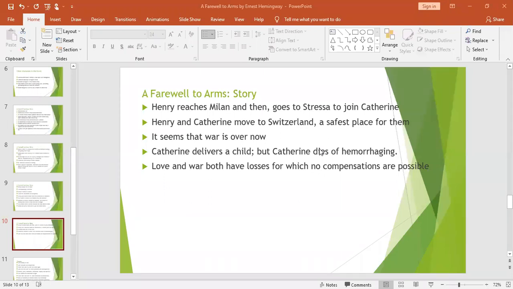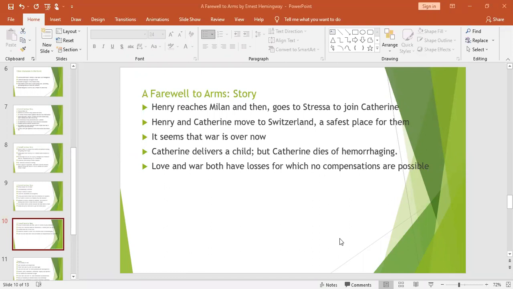Henry loves Catherine very much, so he misses Catherine very much, and he cries at the death of Catherine. So here we come to know that love and war both have losses for which no compensation is possible.